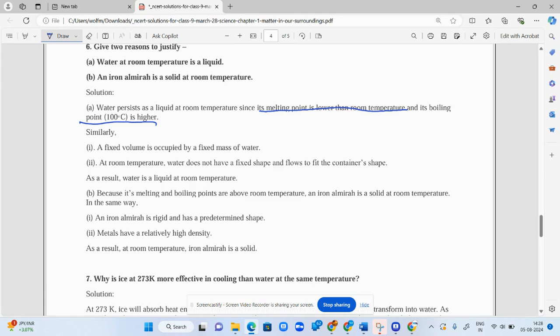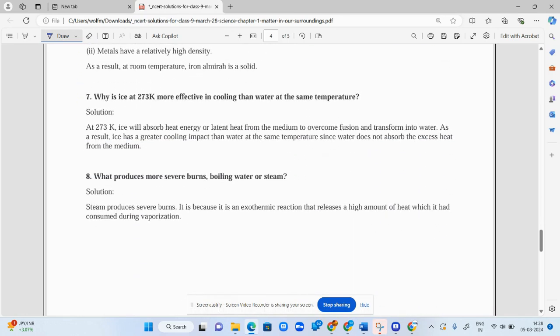Water does not have a fixed shape and flows to fit the container shape. As a result, water is a liquid at room temperature. The almirah, because its melting and boiling points are above the room temperature, is always a solid at room temperature. They have rigid shape and high density. As a result, the almirah is a solid at room temperature.